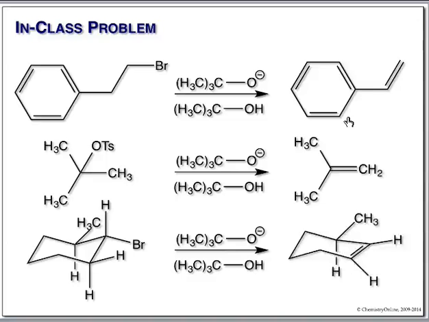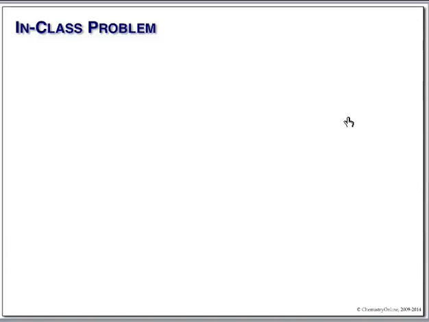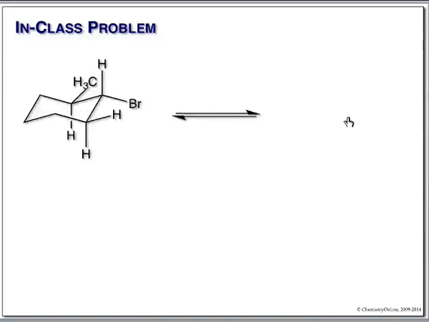Why is this? Remember, when we do an E2 elimination, the hydrogen and the leaving group have to be coplanar, right? So in terms of a six-membered ring, we would have to do a ring flip.